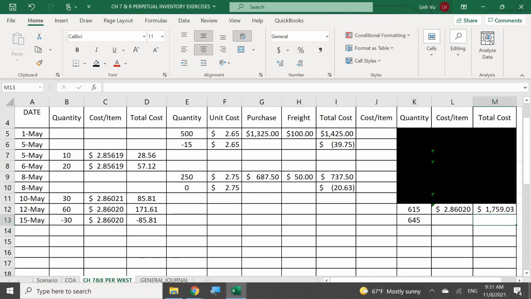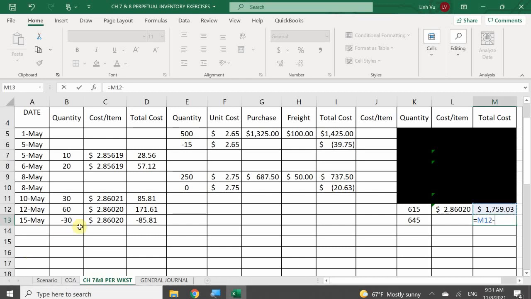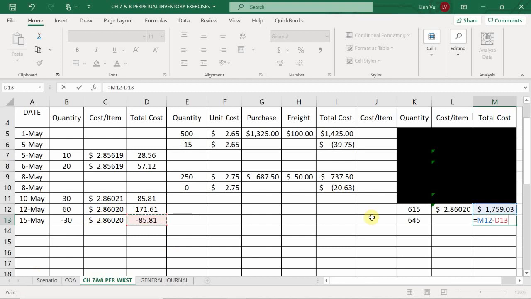Okay. So in this case, how much is my new total cost going to be? $1844.84.